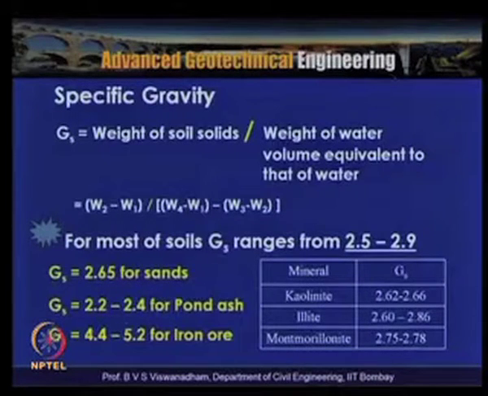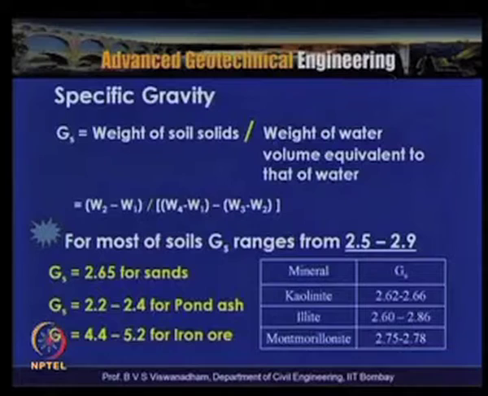Then we need the weight of the water volume equivalent to that of the soil solids. So, you need to subtract the weight of water occupied, that is W3 minus W2, from W4 minus W1. If you do that, you get the expression Gs is equal to (W2 minus W1) divided by (W4 minus W1) minus (W3 minus W2).